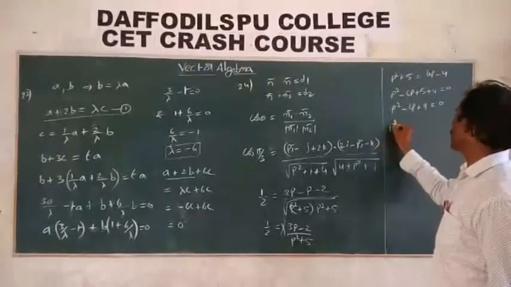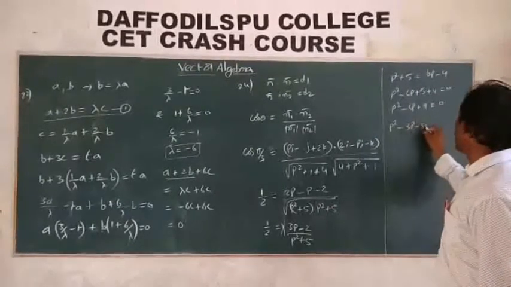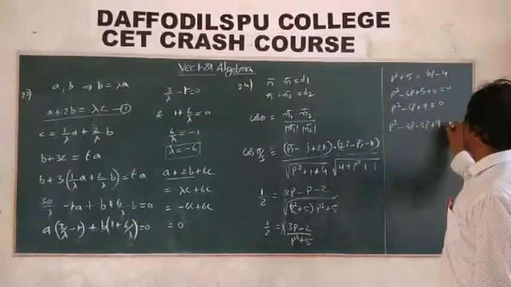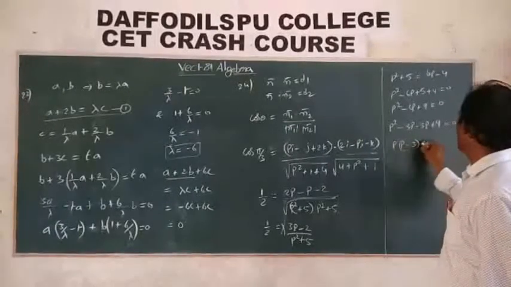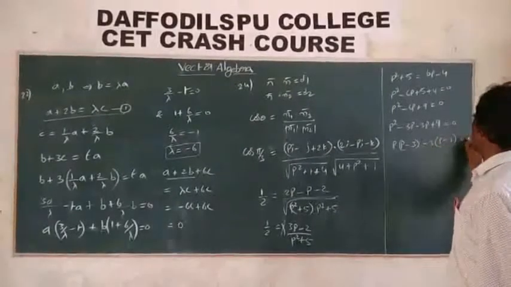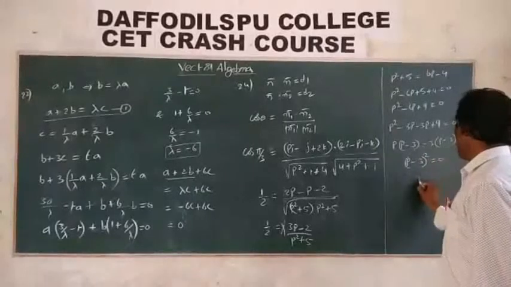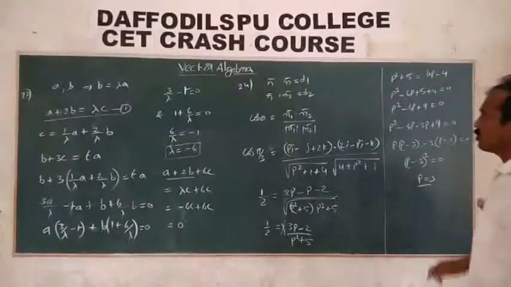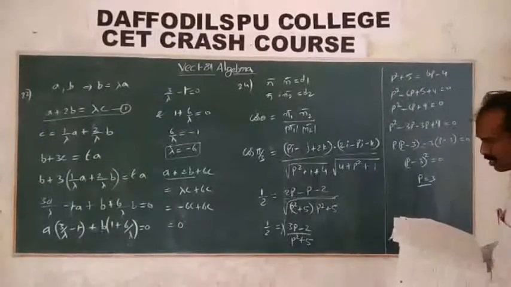What are the factors of 9? P square minus 3P minus 3P plus 9 is equal to 0. P minus 3 common. Therefore, P minus 3 whole square is equal to 0, so P is equal to 3. So the P value is 3. Fourth option is the correct answer.